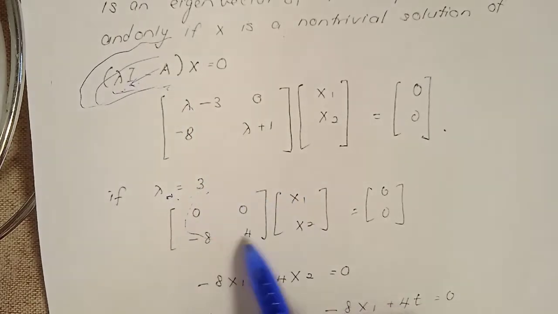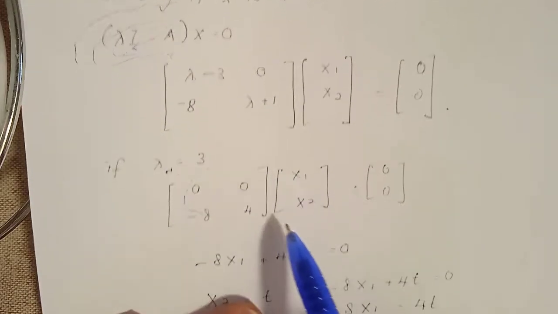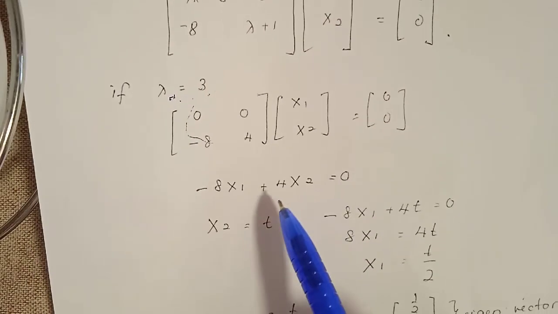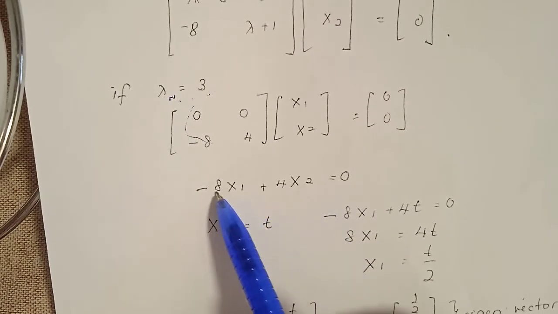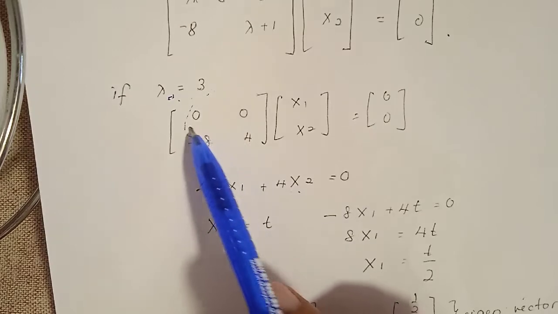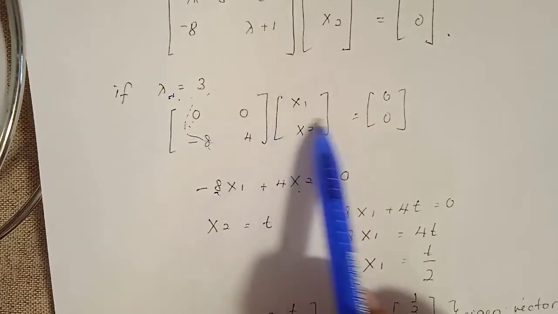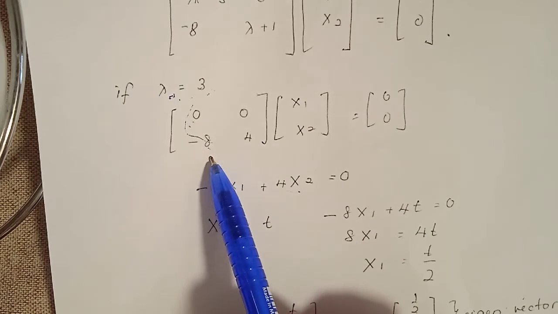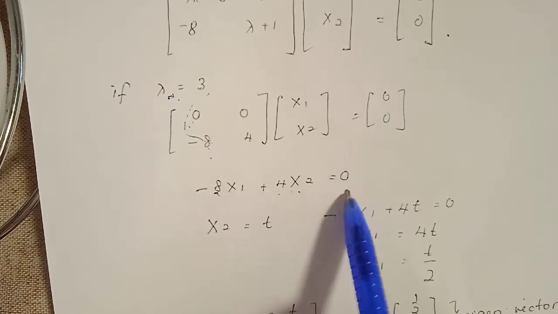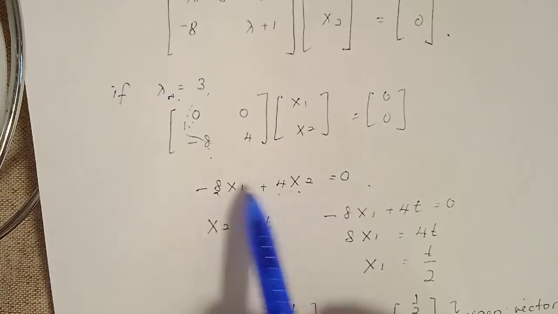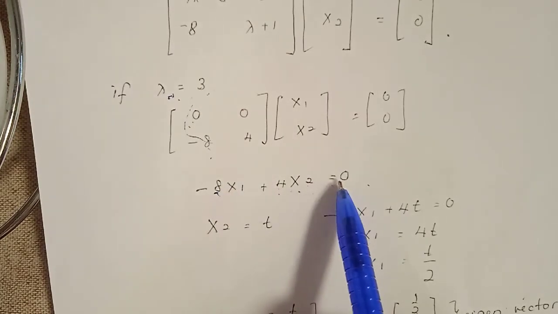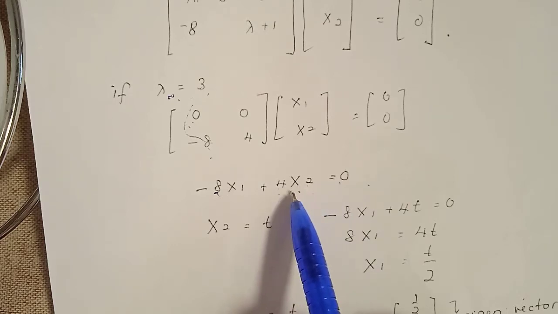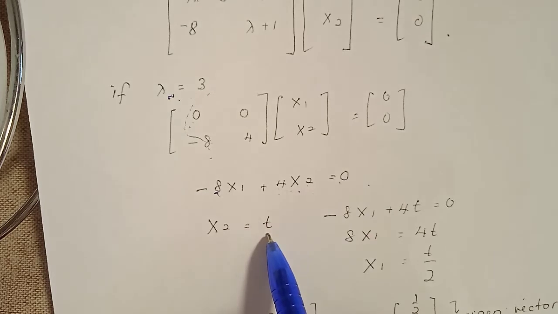We have this one, and from here we derive the equations. Since the first row is 0, we don't have a first equation. We only have the second equation, minus 8x1 plus 4x2 equals 0. So we have two variables with one equation, so we have an extra variable.